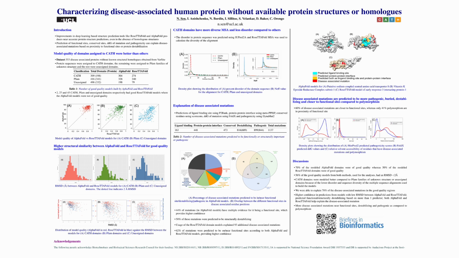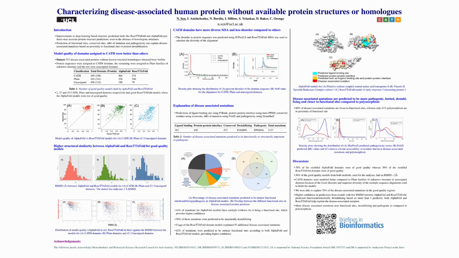We noticed that the AlphaFold models were of better quality compared to RosettaFold. However, we had 227 and 45 CATH, Pfam and unassigned domains respectively, where RosettaFold was of a better quality.